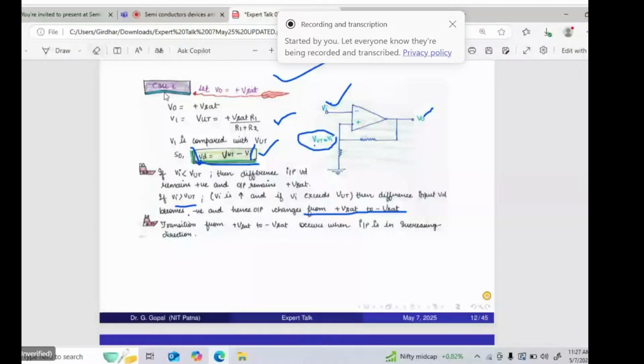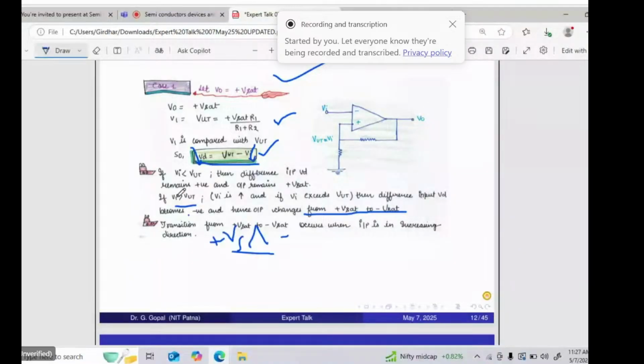So the output switches from plus V sat to minus V sat. This operation is repeated, and it makes a square wave. That's why this circuit is known as a squaring circuit, or you can say it is a square wave generator. This is the application of the bistable multivibrator or Schmitt trigger to form a square wave.